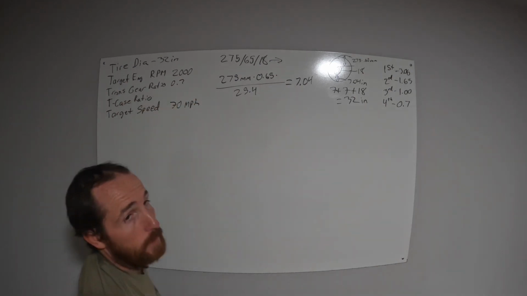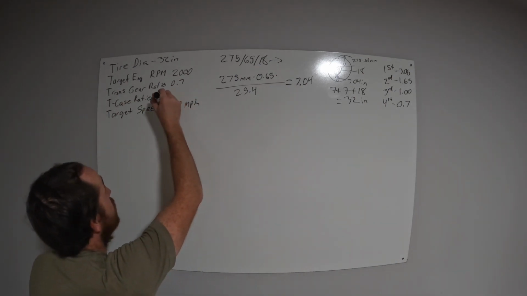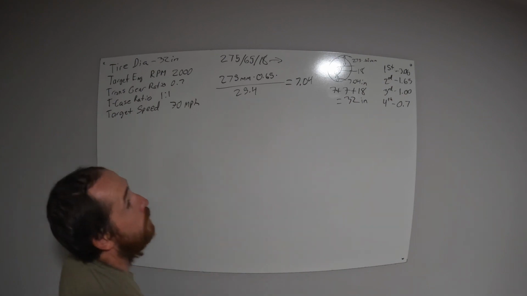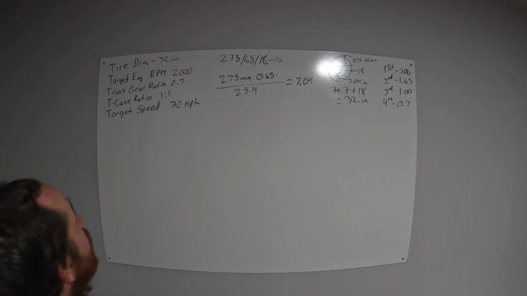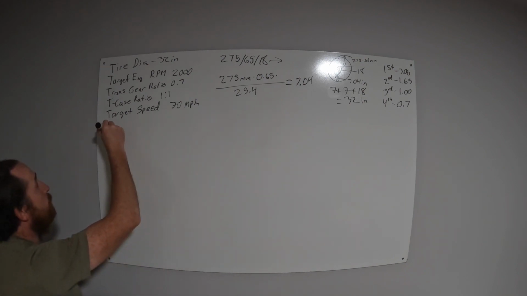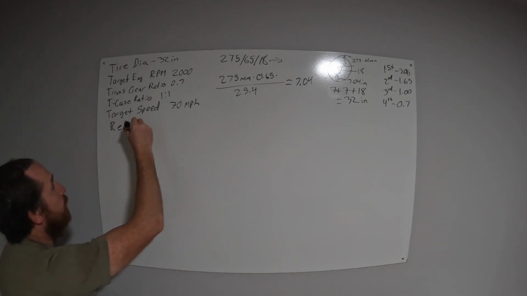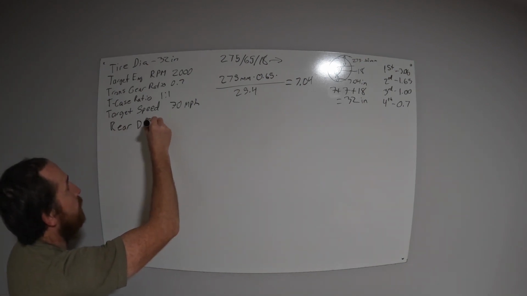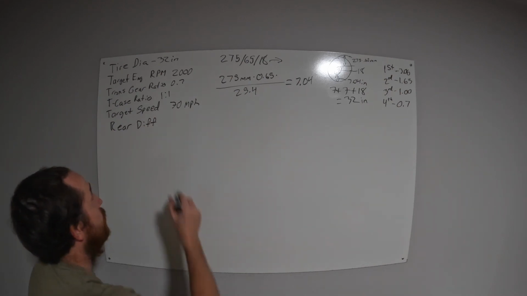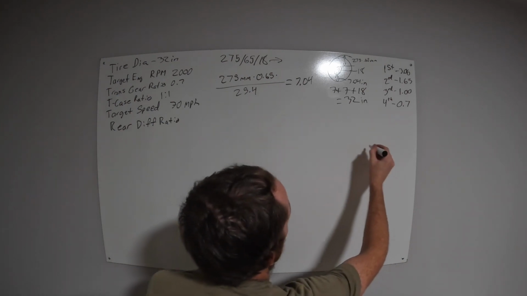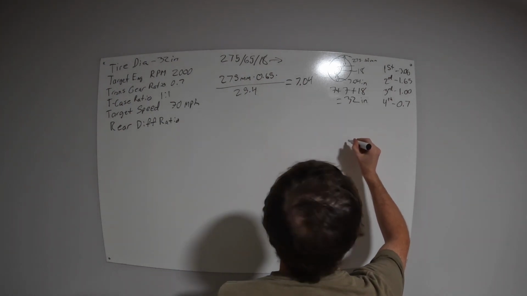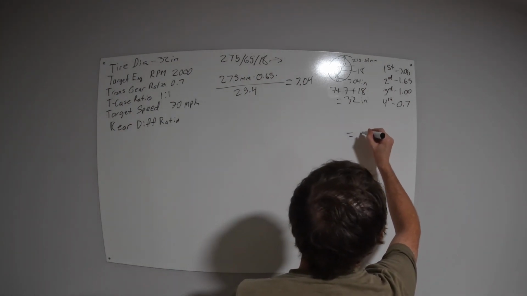And I don't have a transfer case on this one, so my transfer case is just going to be 1 to 1, or 1.0, whatever that is, and 70 miles per hour. What I don't have is my rear diff gear ratio. So that's what I want to solve for. Let's put that about right here.